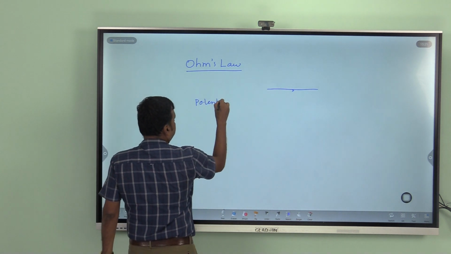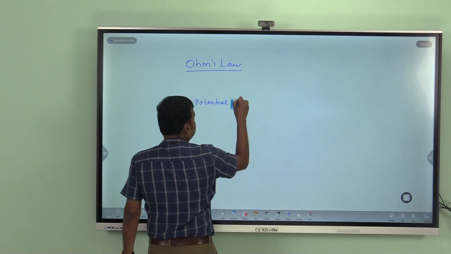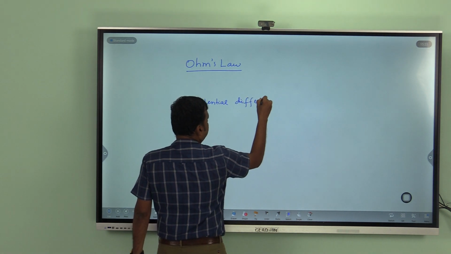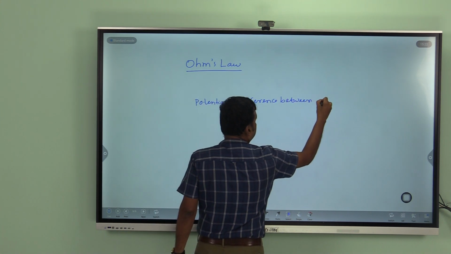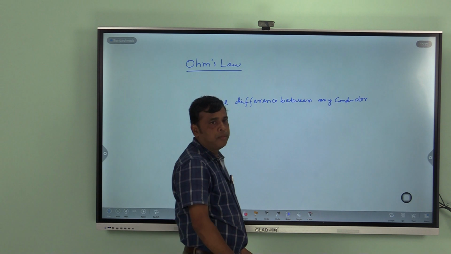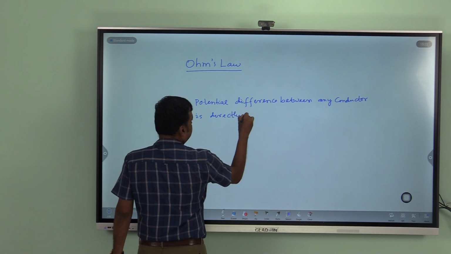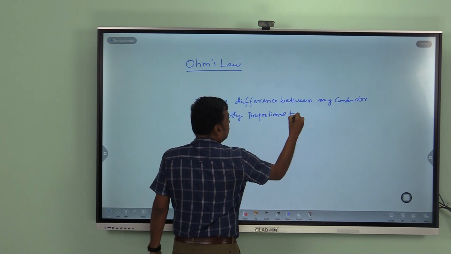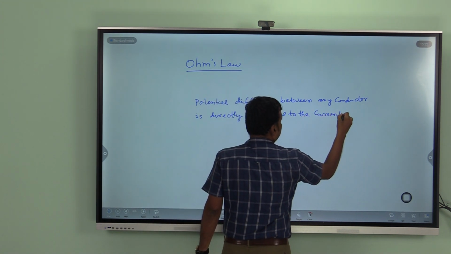Ohm's law states that the potential difference between any conductor is directly proportional to the current flow through it.